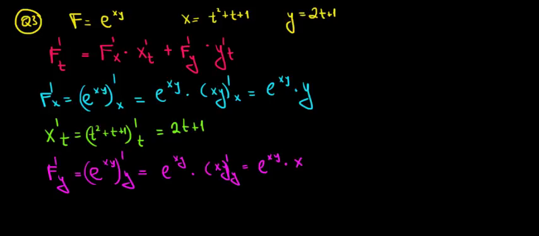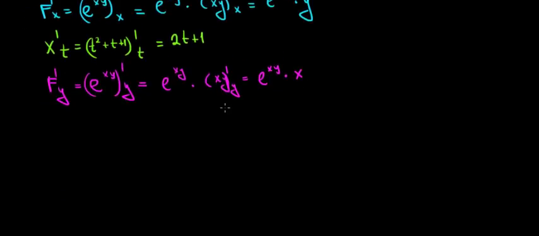And the last step is, what is the derivative of y with respect to t? So y with respect to t, that's equal to 2t plus 1 derivative with respect to t, and that's just 2t derivative is 2, 1 derivative is 0, so overall it's just 2.